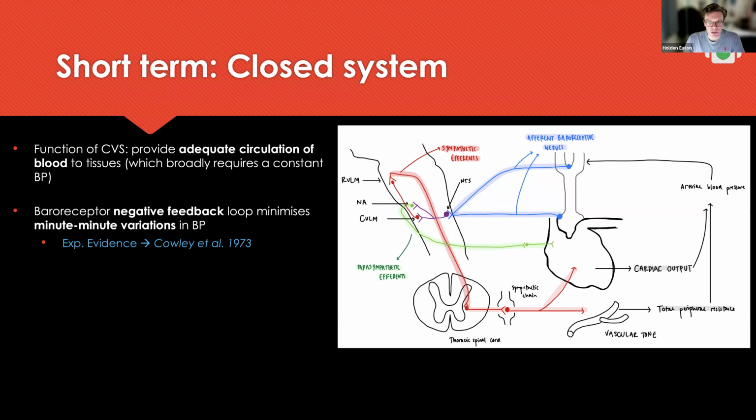In the notes section, I've written out in much more depth what all of these structures are and what they do.